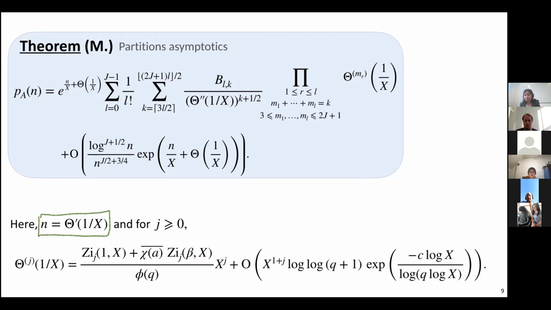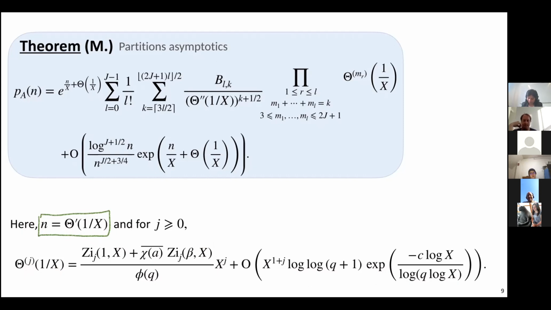And for the number of partitions, it becomes even harder, and we end up using more auxiliary functions. Now here is the relation between n and x and theta. So n is theta prime of 1 over x, and here is the asymptotic formula for the derivatives of theta. So in particular, when I set j equal to 1, I have this formula.